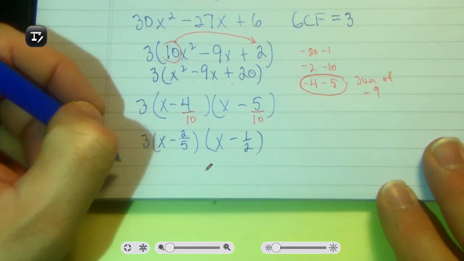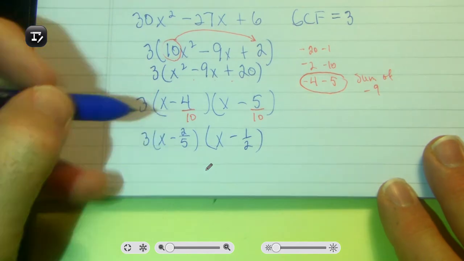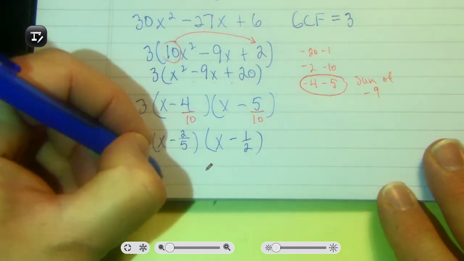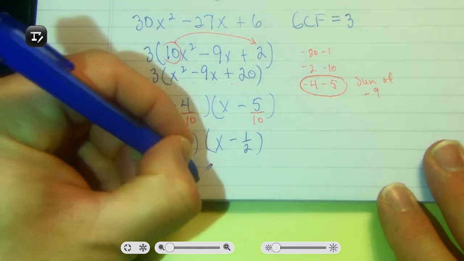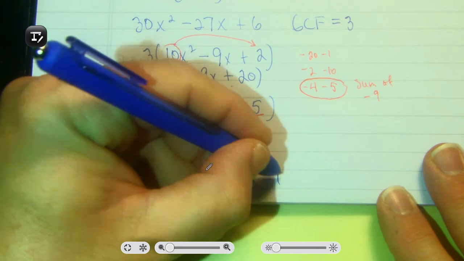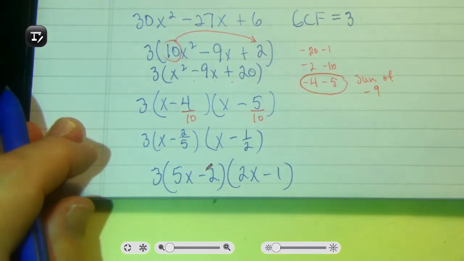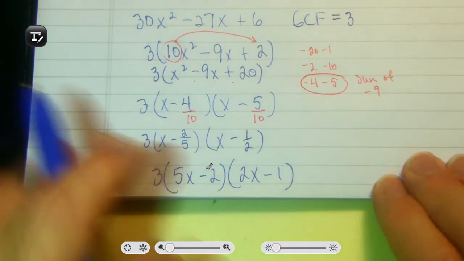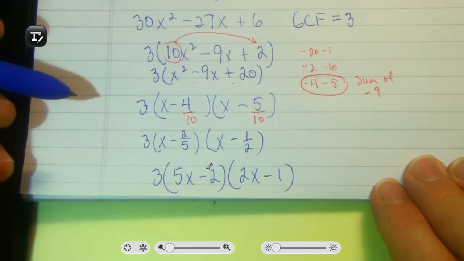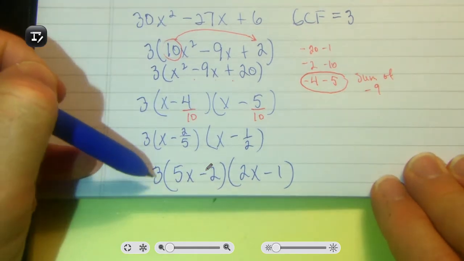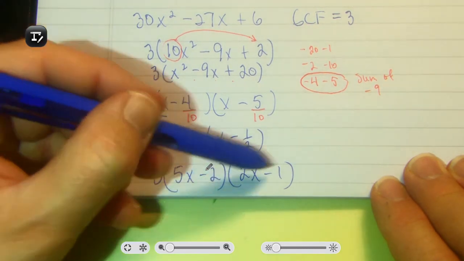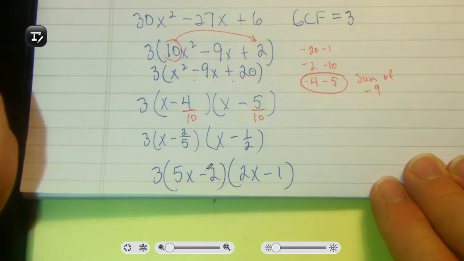So final answer here, once I simplify those binomials, remember, multiply through by the denominator, and I'll get (5x minus 2)(2x minus 1). That's my factorization of 30x squared minus 27x plus 6. So don't forget to bring down your greatest common factor: 3 times (5x minus 2) times (2x minus 1).